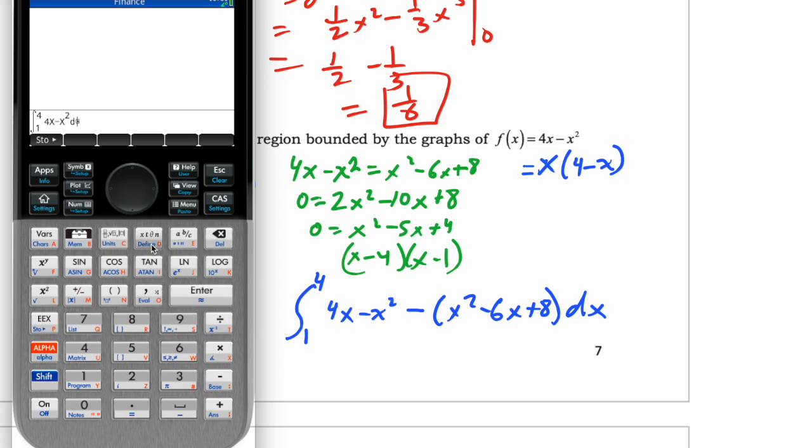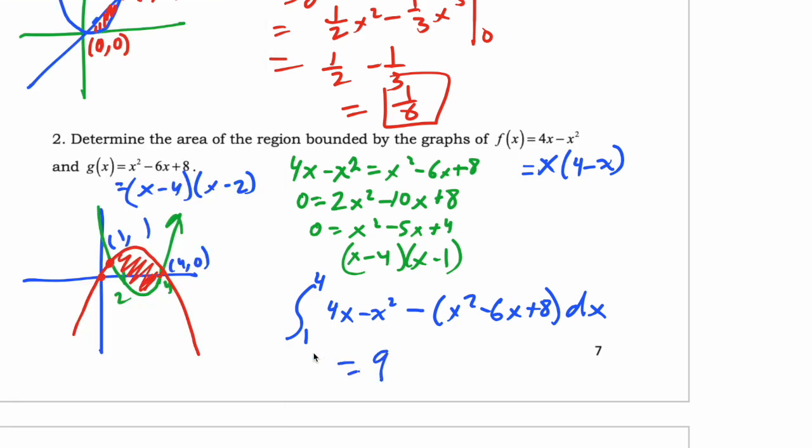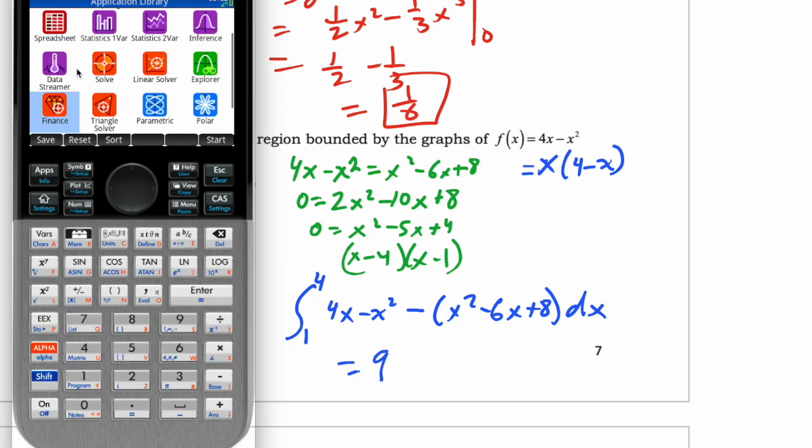Oops, I made a mistake there. Put in a subtract and brackets, and just type in the function exactly as we see it. No need to simplify. Okay, so I click on that, and it gives you exactly 4, exactly 9. It is exactly 9. I'm in the Finance app, so it likes to round to the nearest 10th. Let me get out of the Finance app.